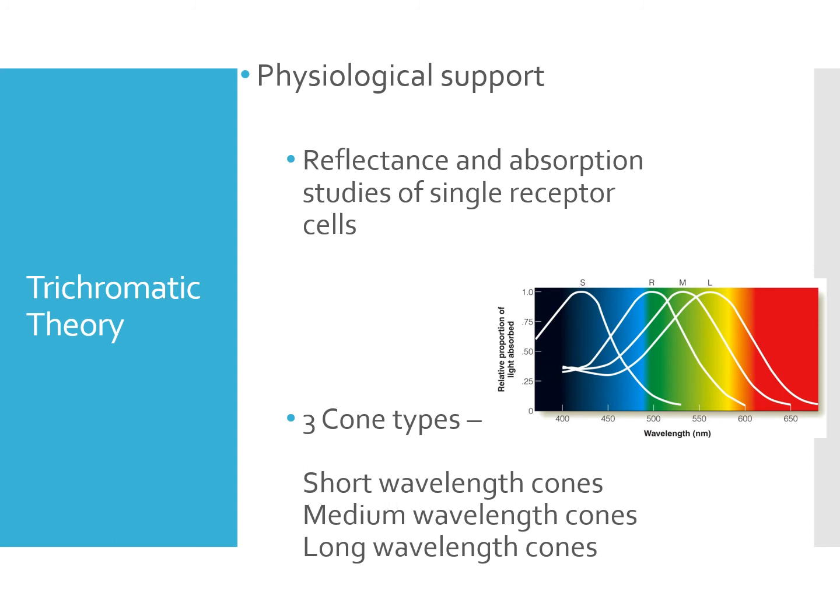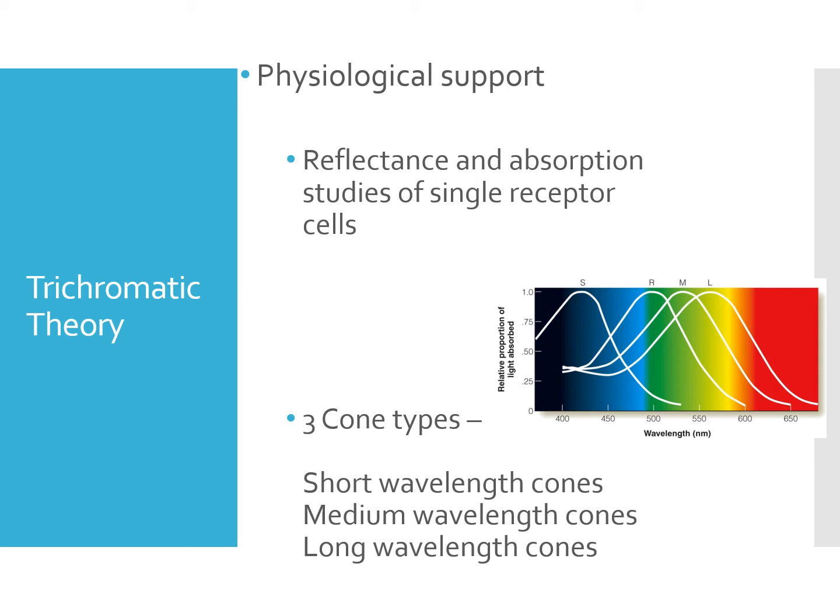It was really about 100 years after Helmholtz that we obtained the physiological support. So I want to say this study was done in 1957, if I'm remembering correctly, where they measured the absorption of single receptor cells. They used the reflectance of light and looked at the absorption of single receptor cells. And what they discovered was these three cone types, right?